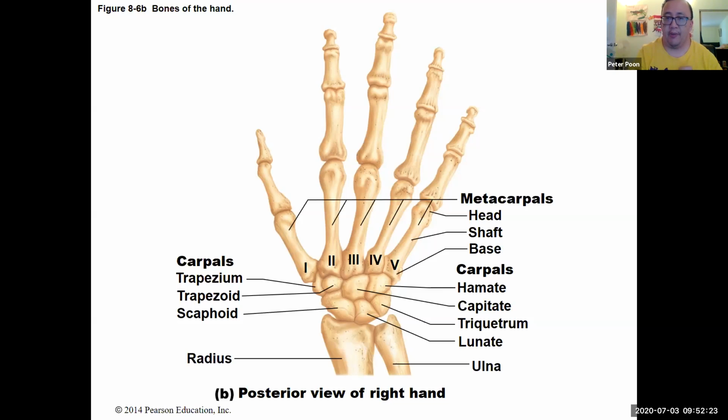They're also written in Roman numerals. So if I ask you for this bone, the name of the bone is metacarpal 1. The name of this bone, metacarpal 2, 3, 4, 5. Thumb is 1, pinky is 5.